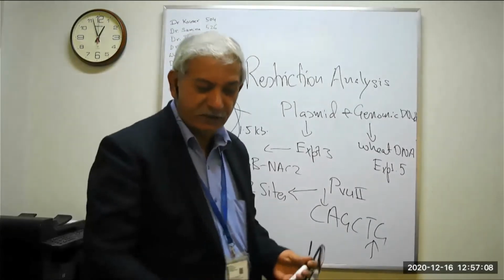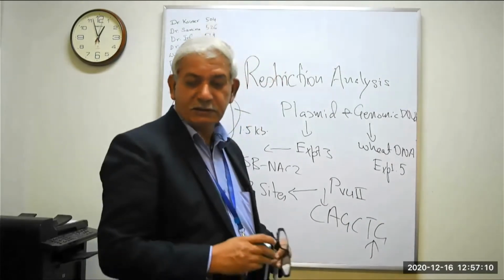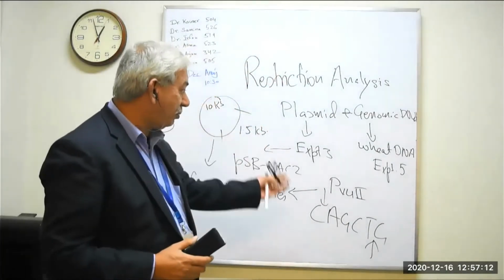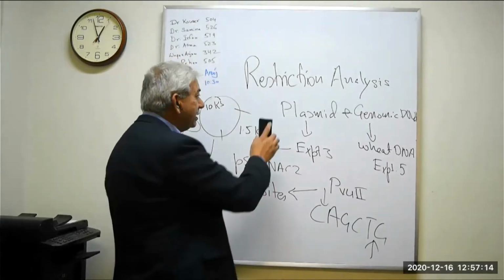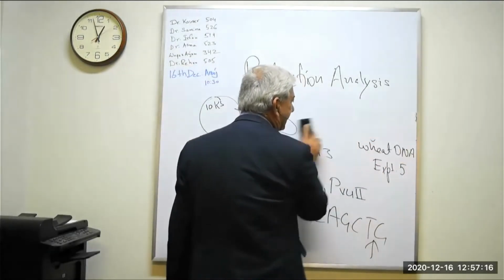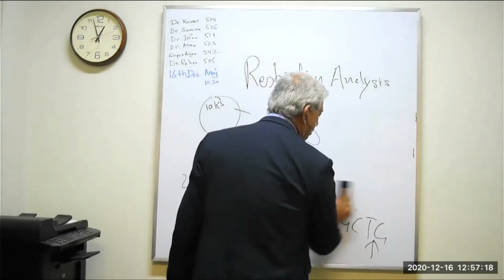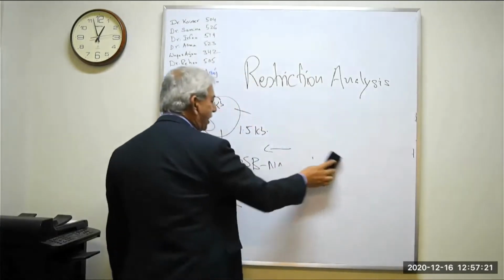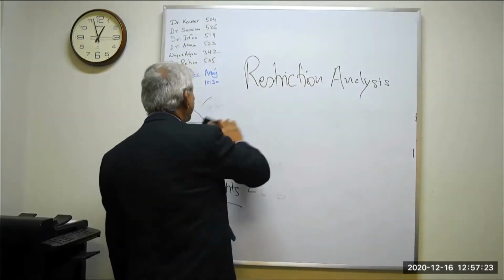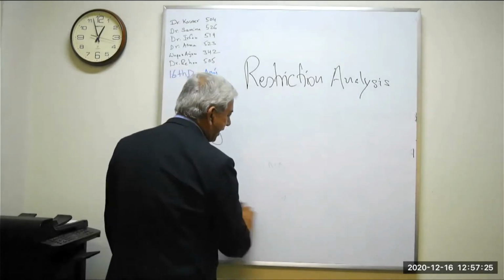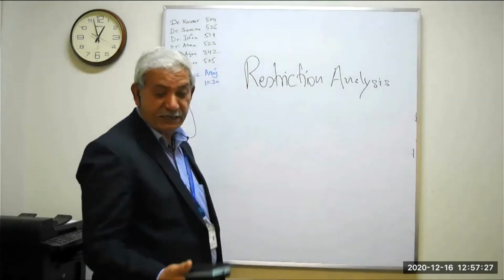On the other hand, what will happen when we cut the genomic DNA using this PvuII enzyme? Should the genomic DNA give us discrete sets of fragments as we get in plasmid DNA?